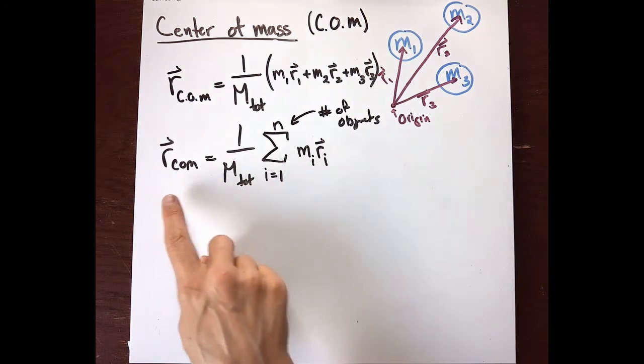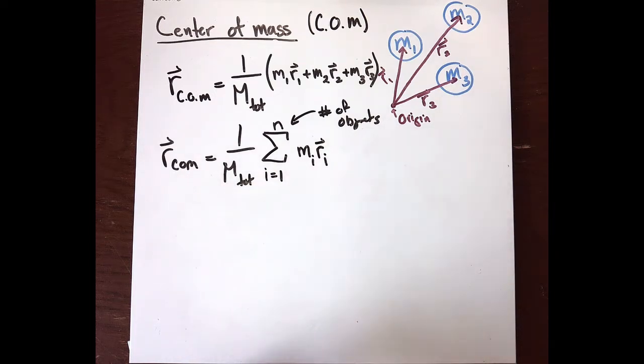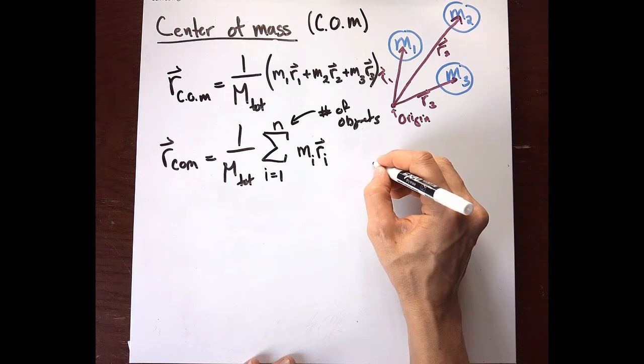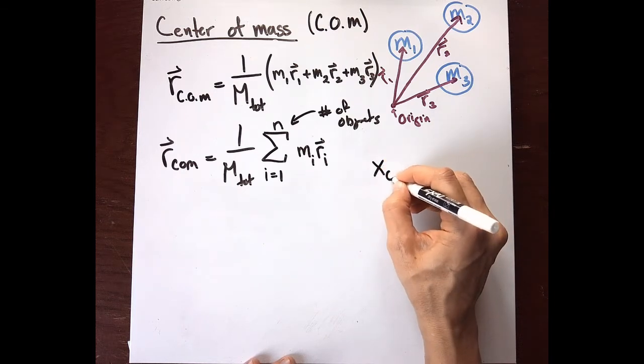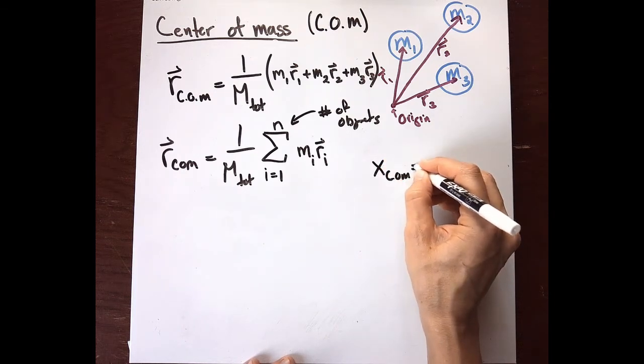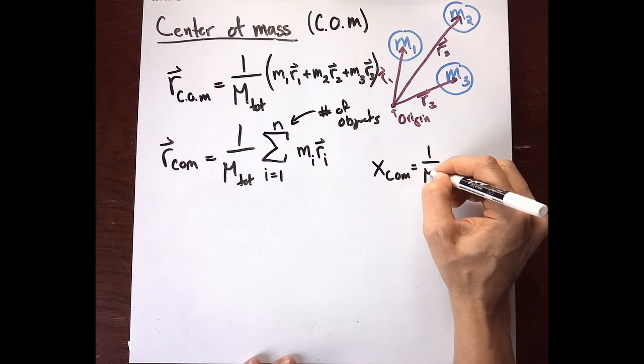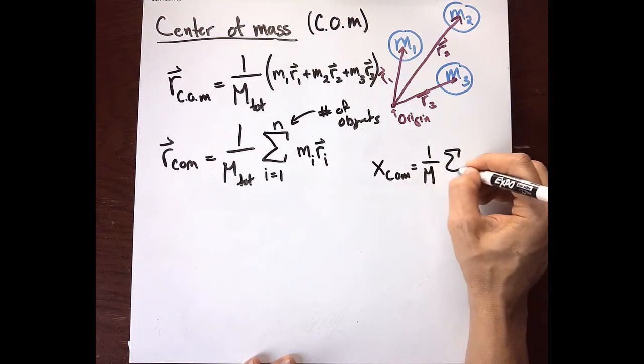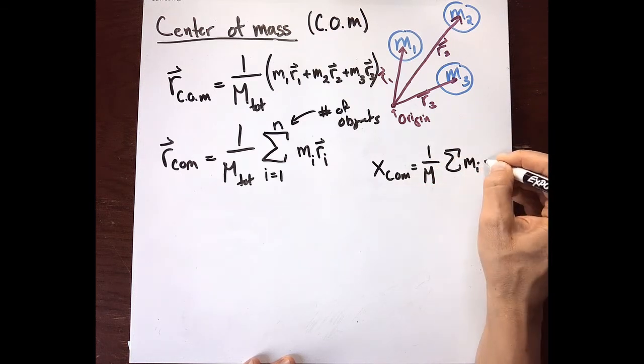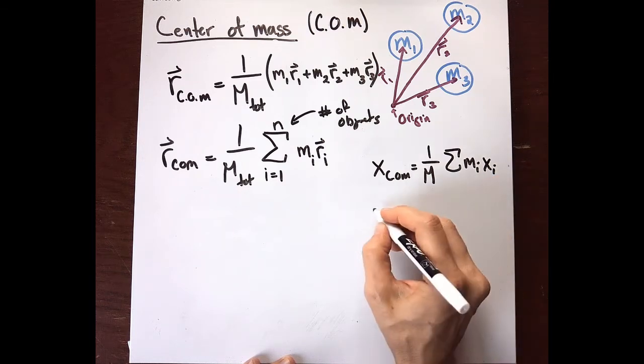And you'll notice it's also a vector, and so that means that this equation is actually three different equations. This equation is the x equation. So the x component of the center of mass is one over the total mass times the sum of each individual mass and its x position.